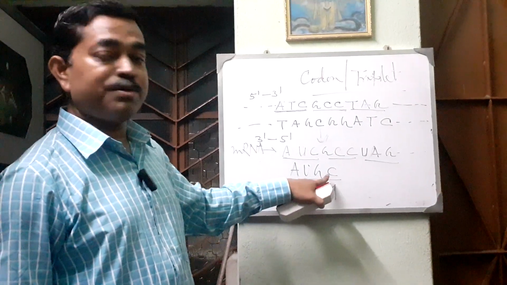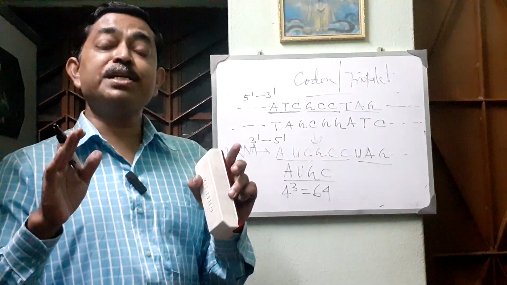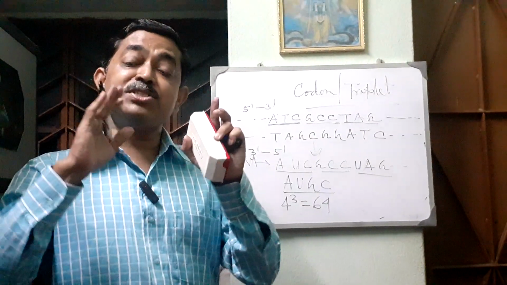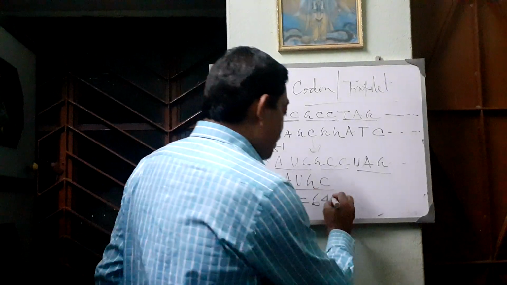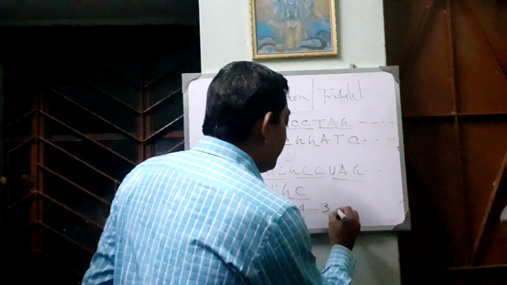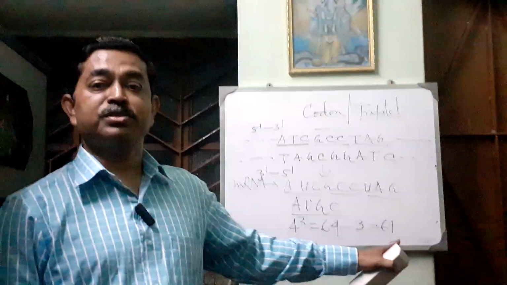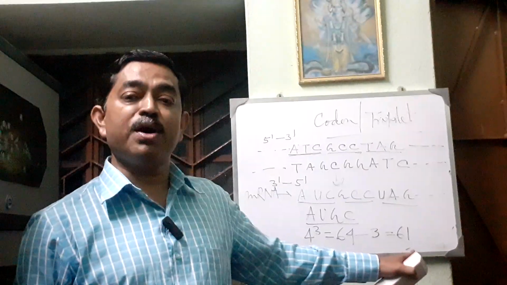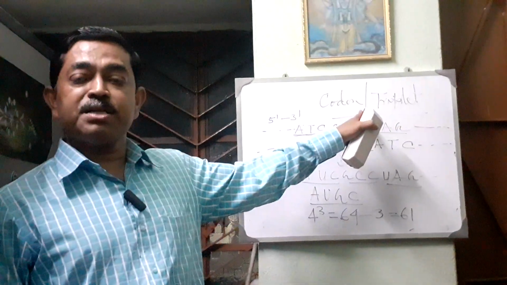So it should represent 64 amino acids. But that does not happen because there are three terminating codons, so there are only 61 codons. What are the terminating codons? I will discuss that.